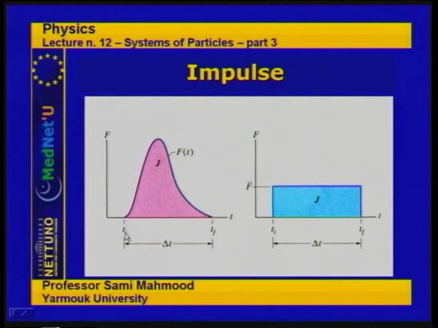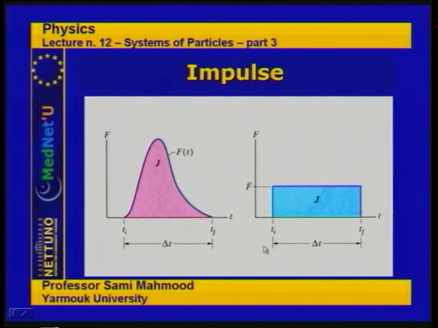At the initial time the force was zero, and at the final time the force was also zero, and in between the force reaches a maximum and starts going down.